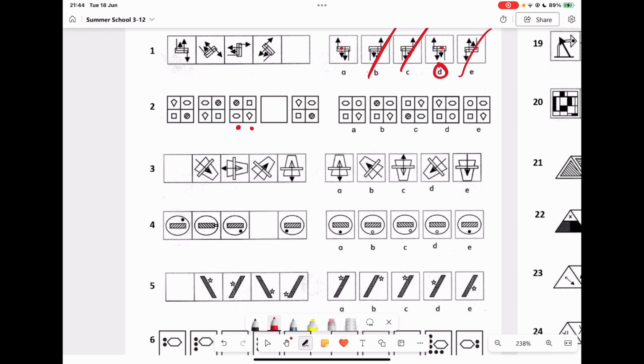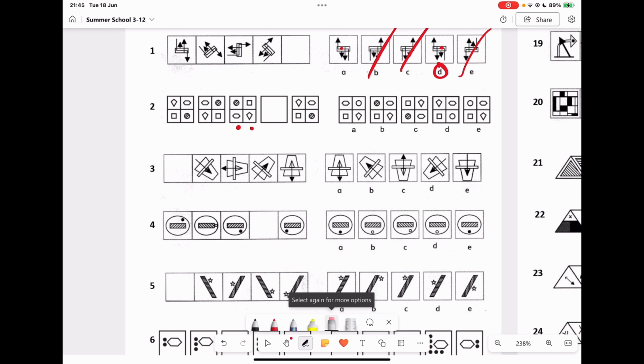So even knowing that, we can cross out A, B. Oh no, we cannot cross out B. So remember, we're looking at having the hexagon.